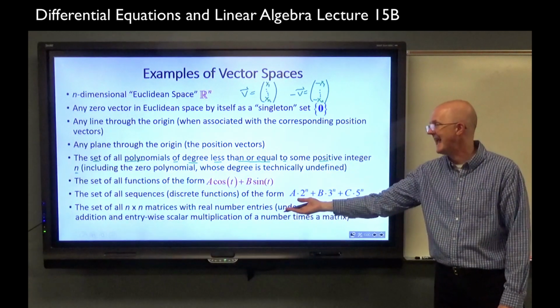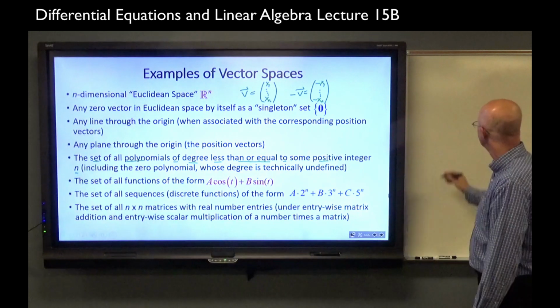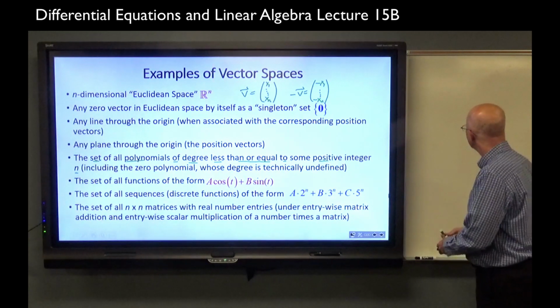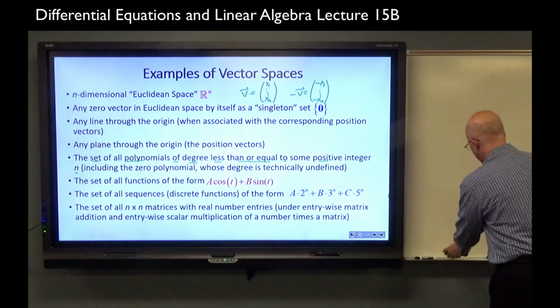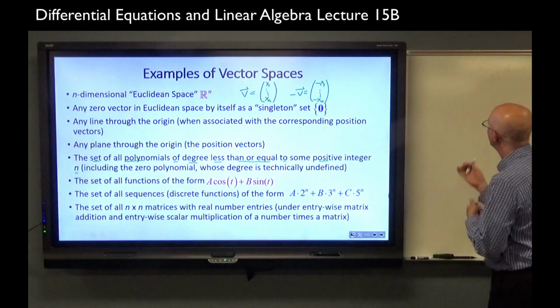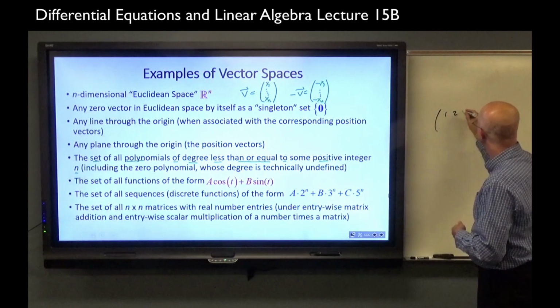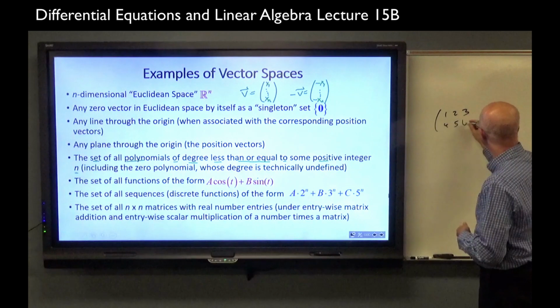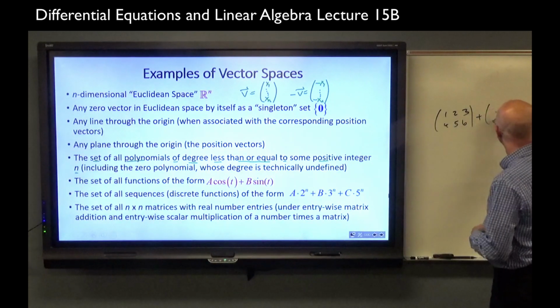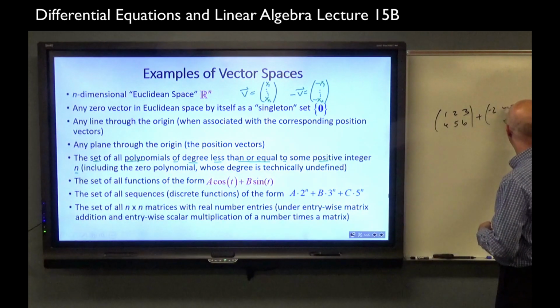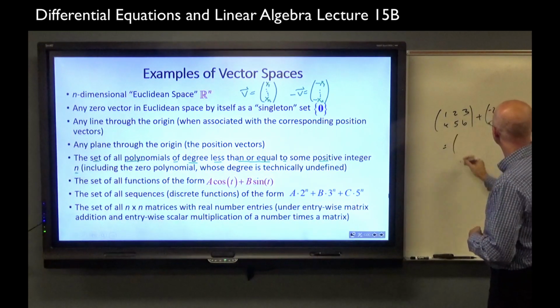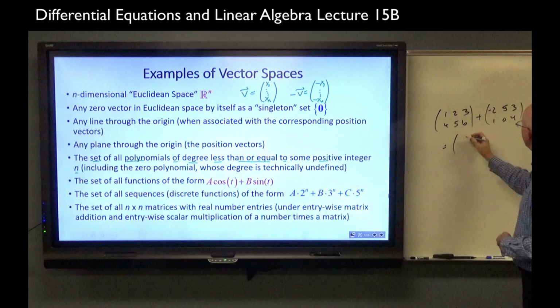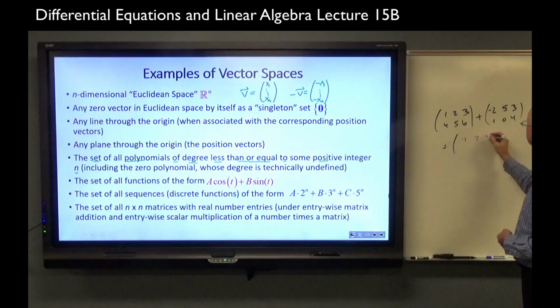I could have said any m by n matrix. Matrix addition is done entry-wise. So, for example, 1, 2, 3, 4, 5, 6 plus negative 2, 5, 3, 1, 0, 4 gives you the matrix with entries negative 1, 7, 6, 5, 5, 10. I'm adding the matrices.